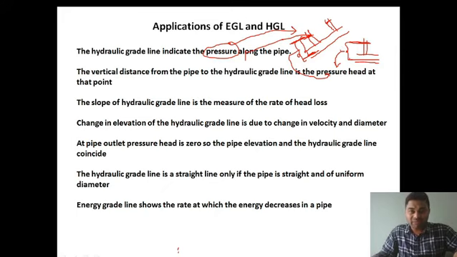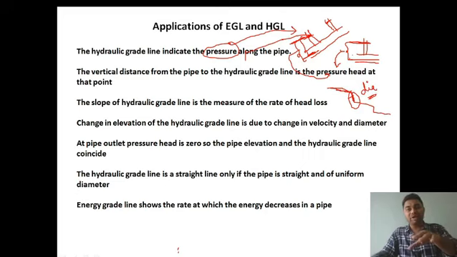Earlier, when the pipes were connected in series, the hydraulic grade line followed this manner: there is a sudden drop, and again it follows. This rise or fall of the hydraulic gradient was due to the diameter of the pipe. When the diameter of the pipe changes, the velocity also changes.